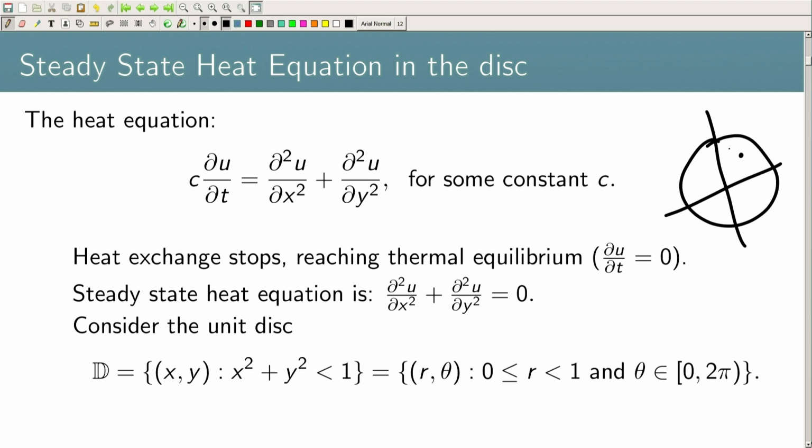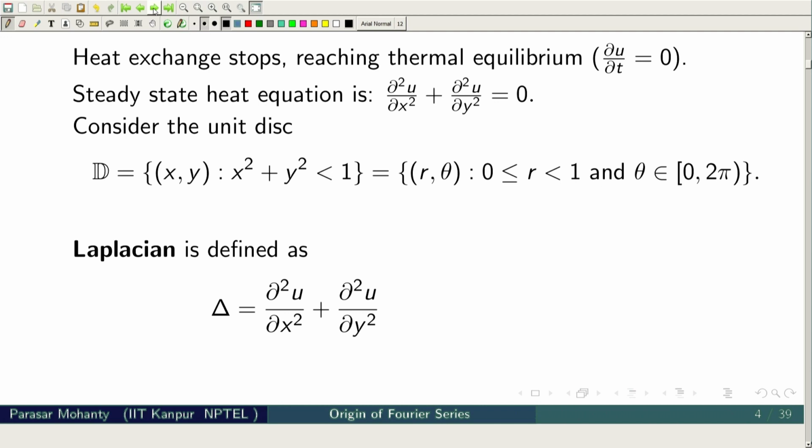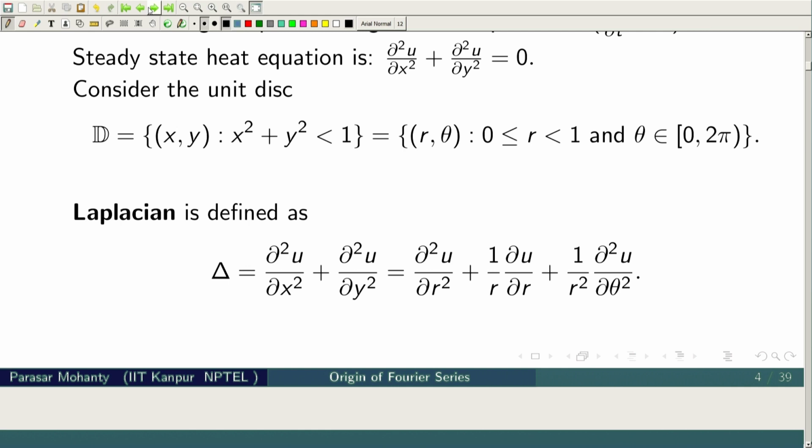This means the boundary is not there, and the Laplacian is defined as delta equal to del square u by del x square plus del square u by del y square. In polar coordinates, the Laplacian looks like del square u by del r square plus 1 by r del u by del r plus 1 by r square del square u by del theta square.